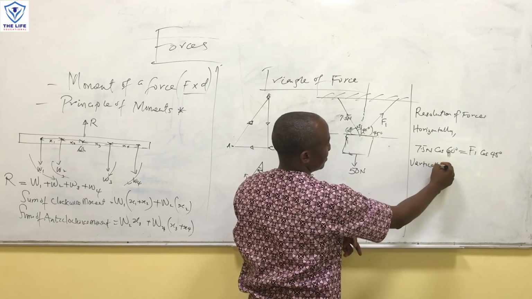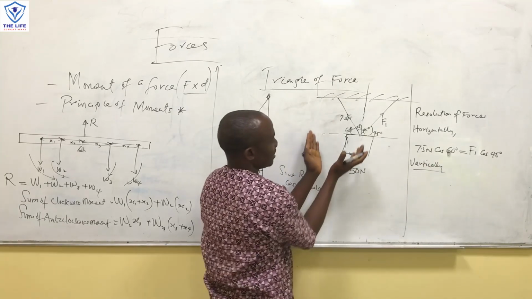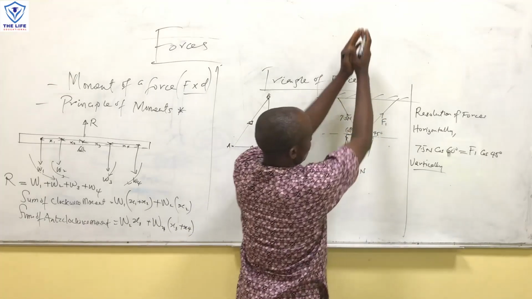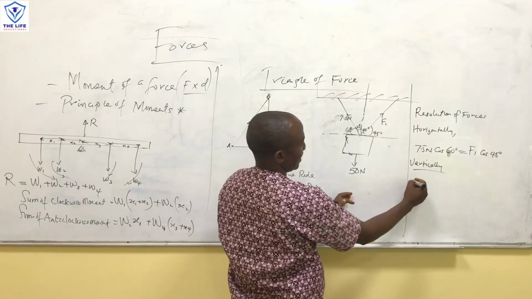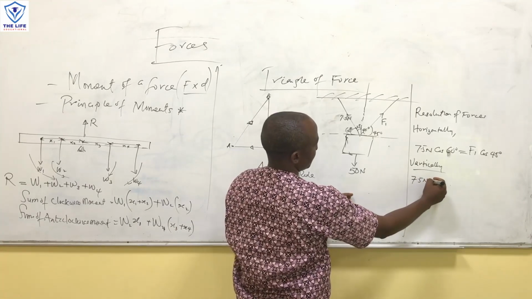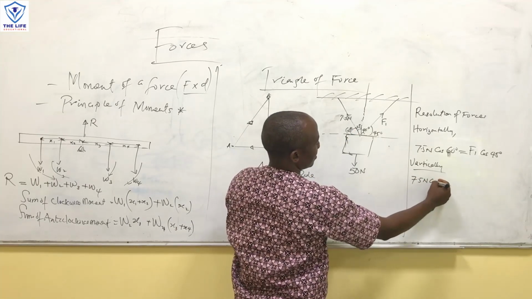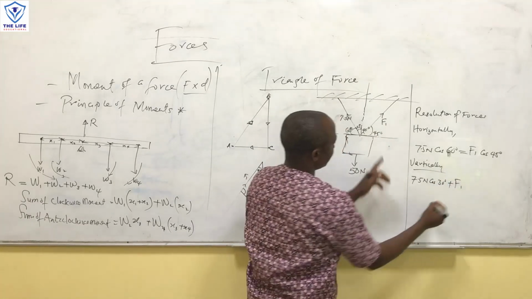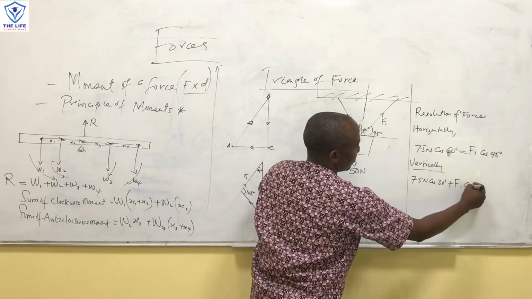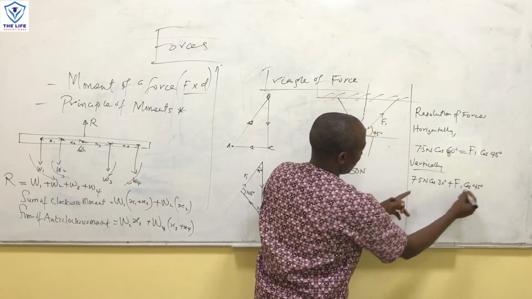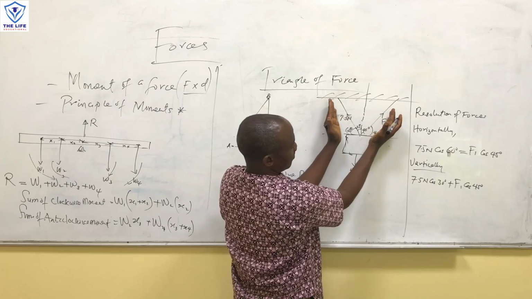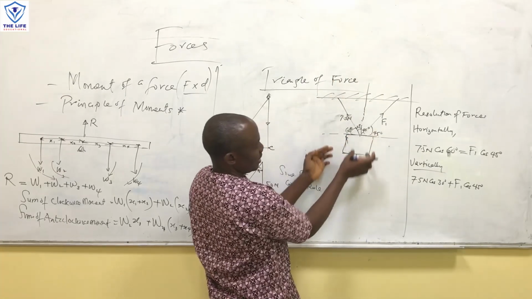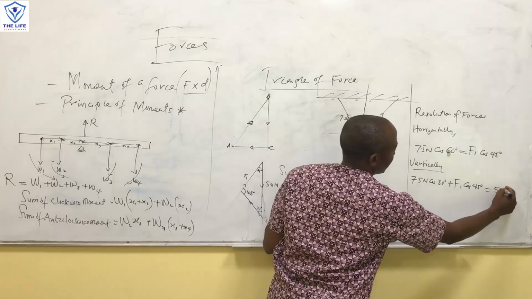The second one is resolving vertically. When this is done vertically, F1 and 7.5 will resolve and be added together going upward, while 50 is coming downward. So then we have 7.5 Newton cos 30 degrees plus F1 cos 45 degrees going upward, and it will be equal to 50 Newton.